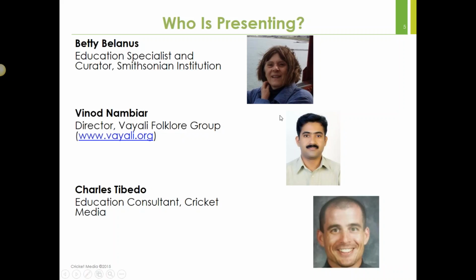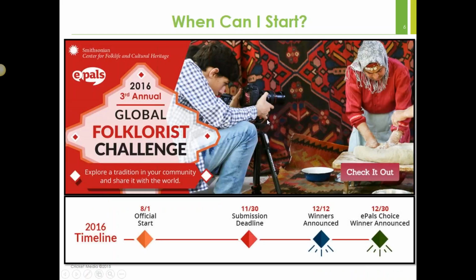The first thing I'd like to do is give you a high-level overview of the general timeline of the challenge. So the official start is just a few days away on August 1st. Students have several months to prepare and make and then submit their entries. The deadline is November 30th at midnight, and that is Eastern Time in the United States.